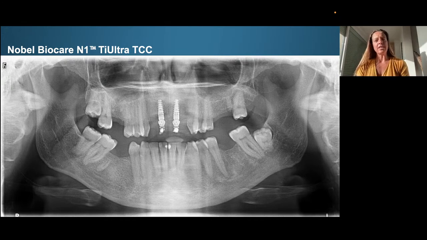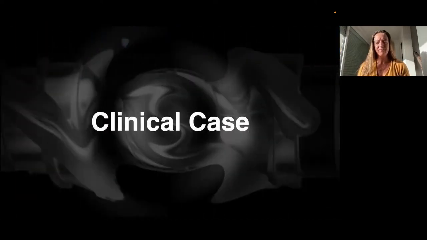So in this case, we have chosen to accommodate them in the area of the centrals because we had a lot of bone, and also because in the areas of the centrals it allows us to use an implant of at least a regular platform. So be aware of the emergence profile of the teeth that you have, and this will help you to choose also where you want to place your implants.